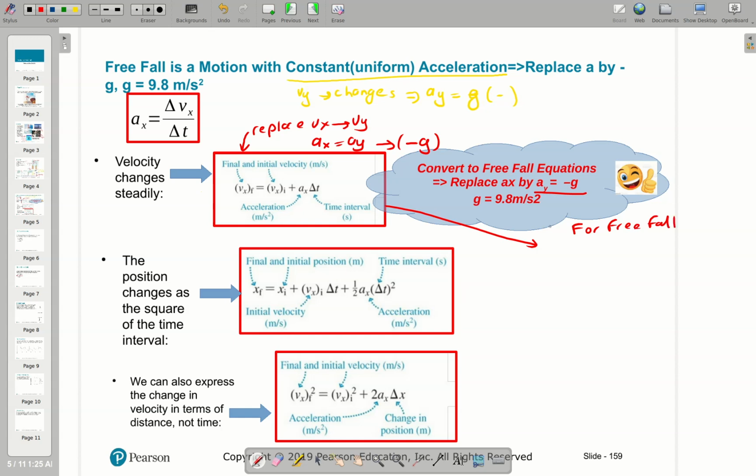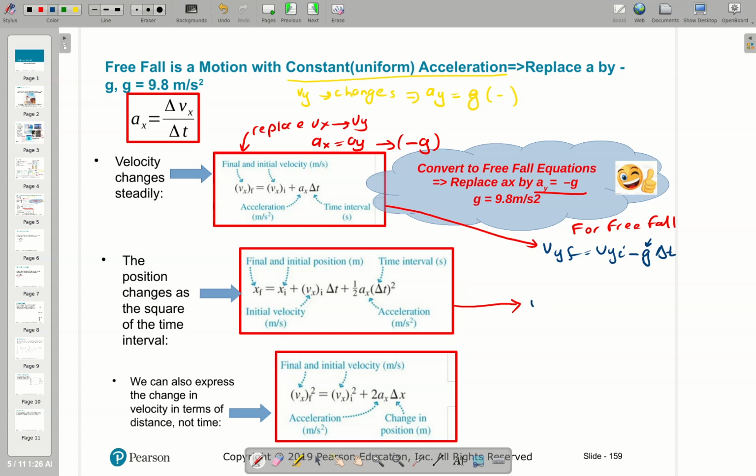So then for free fall, here are my equations. The first one will be Vy final is equal to Vy initial minus g delta t. Notice I replace this by Ay, which is minus g. That's always the case. For the next equation, all the x's will be replaced by y, and ay will be minus g.